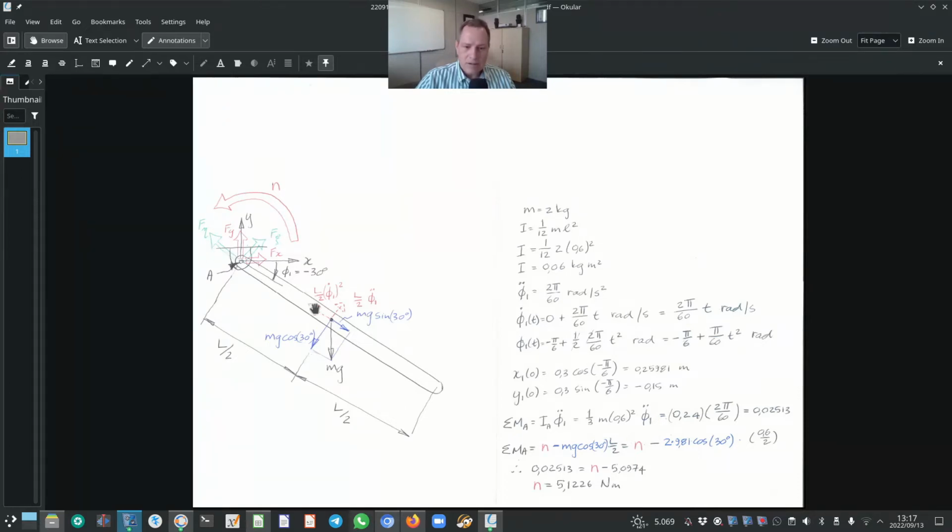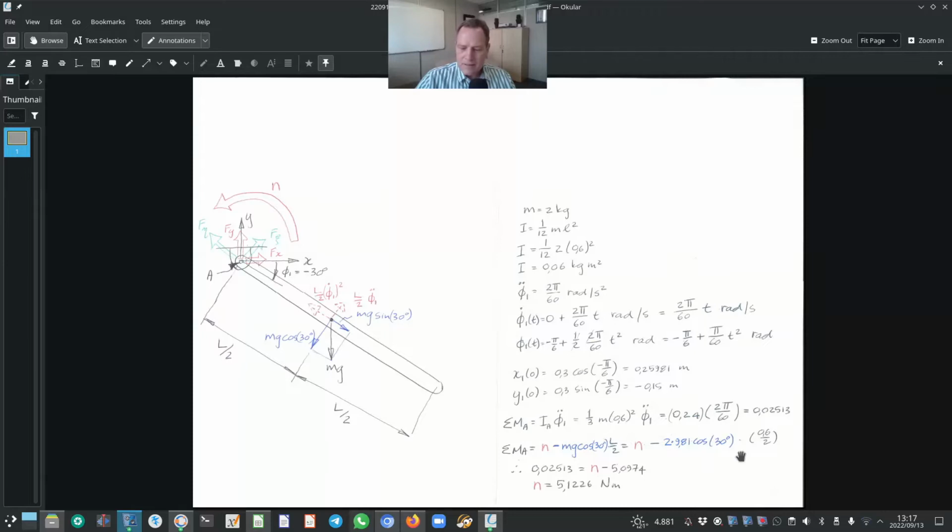The moment arm of this component is L over 2, so it's easy to see positive is counterclockwise, so plus N minus mg cosine 30, which is this component over here, multiplied by the moment arm, L over 2, which is shown here.